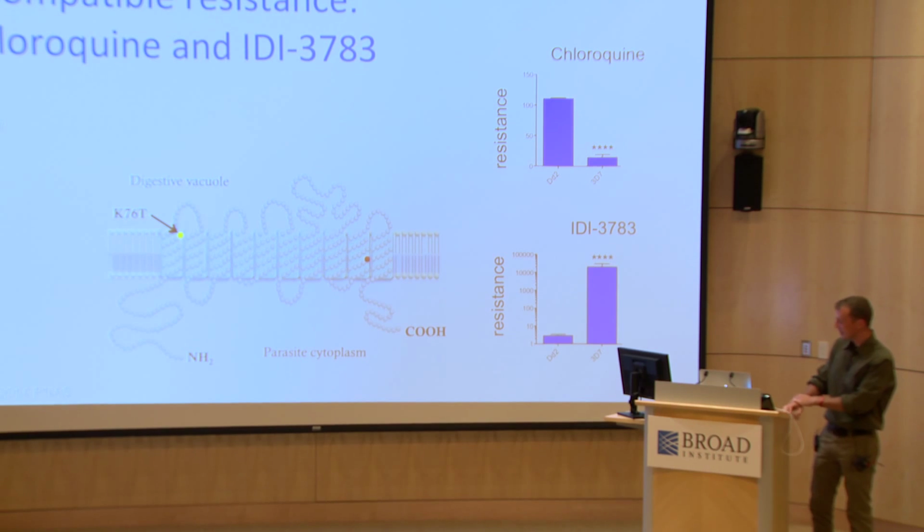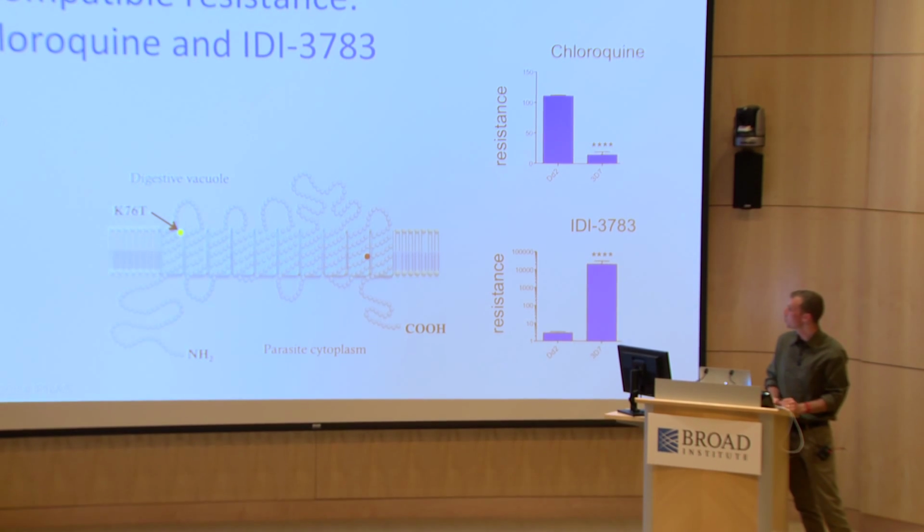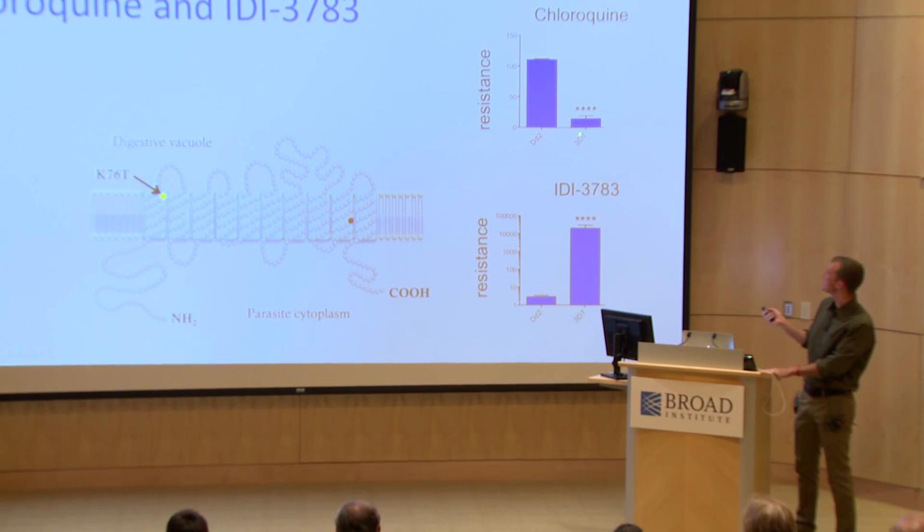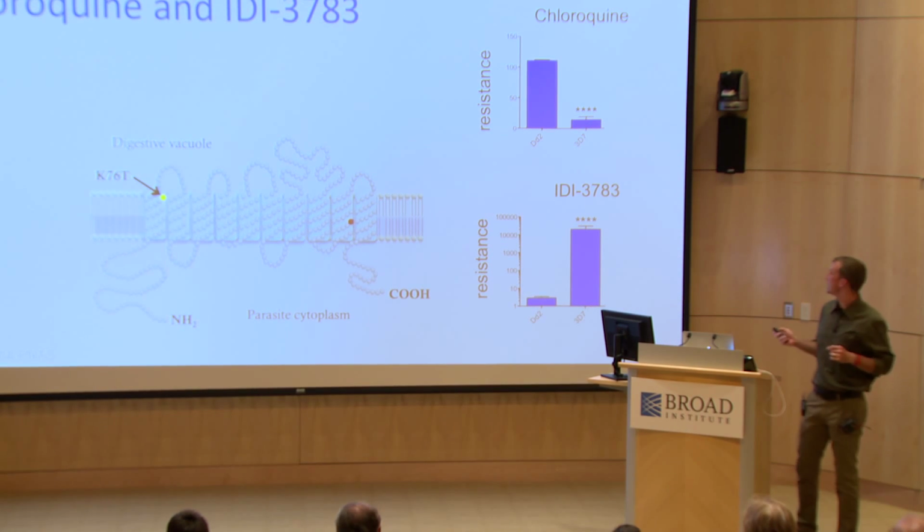So Amanda and colleagues looked at two strains of malaria parasite, the DD2 strain and the 3D7 strain. The DD2 strain is very resistant to chloroquine, but the 3D7 strain is susceptible. And there's a reciprocal phenotype for IDI-3783. DD2 exhibits low resistance to this drug, but 3D7 exhibits high resistance.